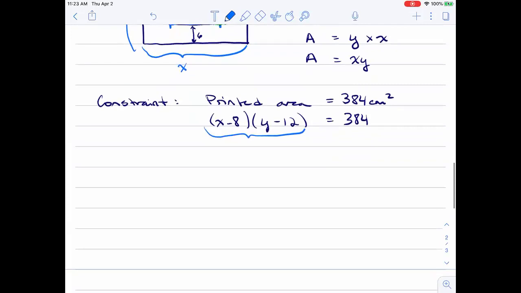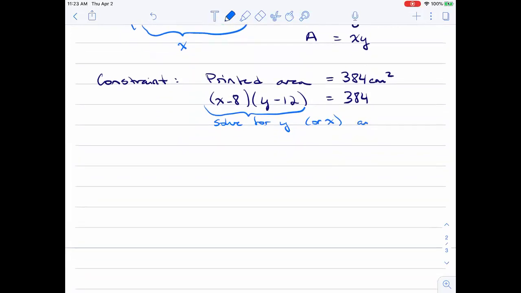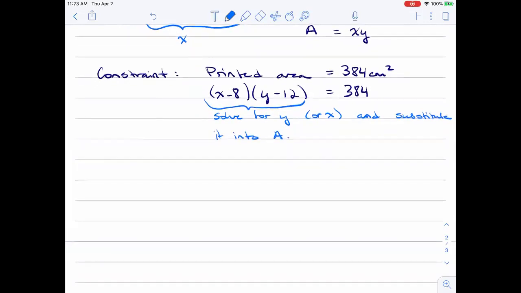So I'm going to solve for y or x and substitute it into A. A equals x times y.